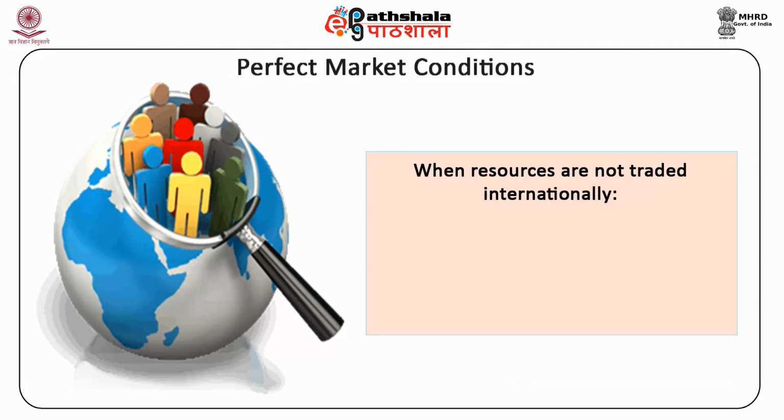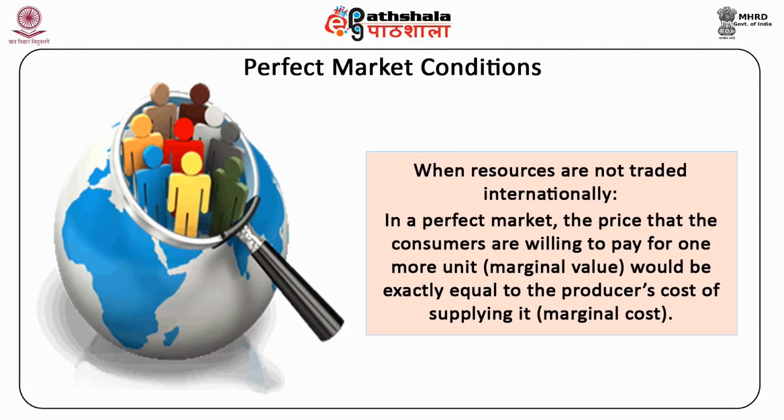When resources are not traded internationally, in a perfect market, the price that consumers are willing to pay for one more unit would be exactly equal to the producer's cost of supplying it. That is, the marginal value would be equal to the marginal cost.